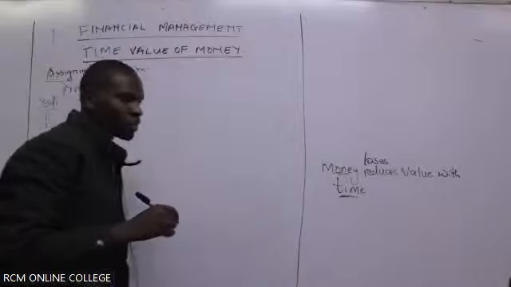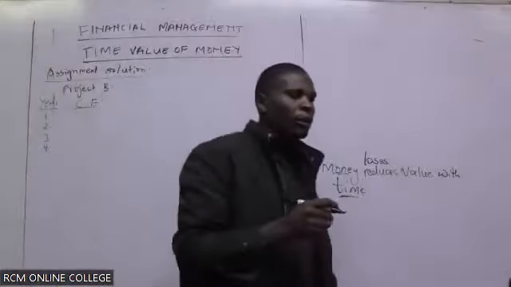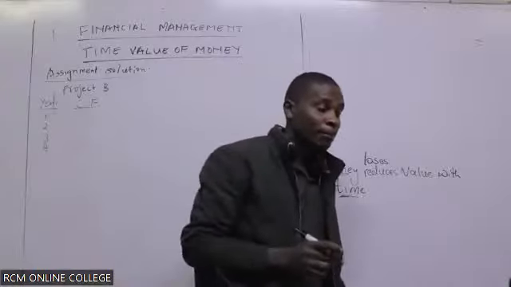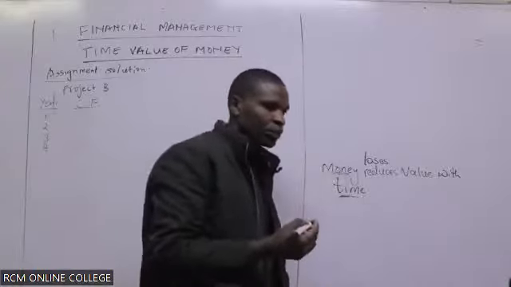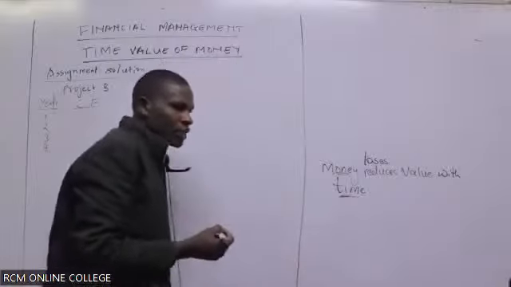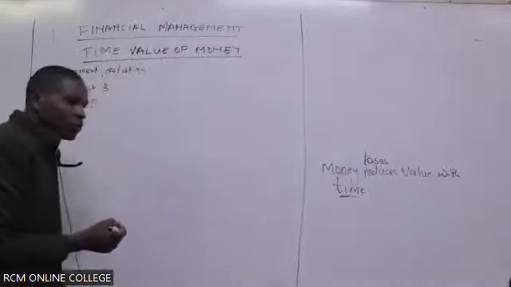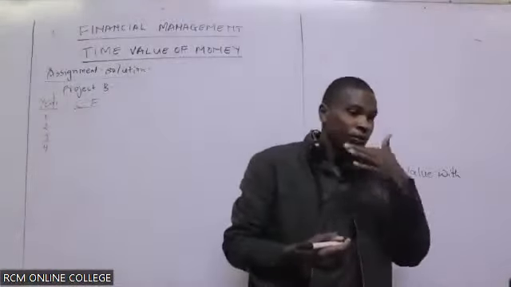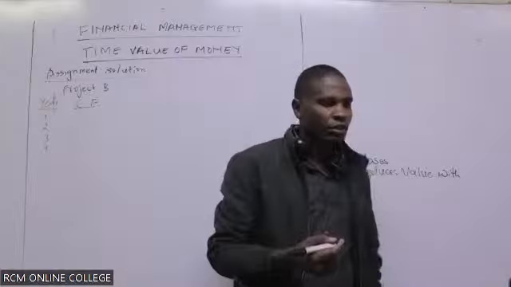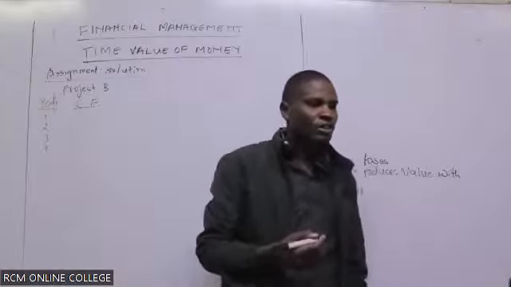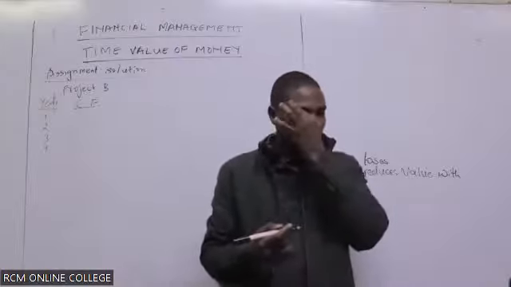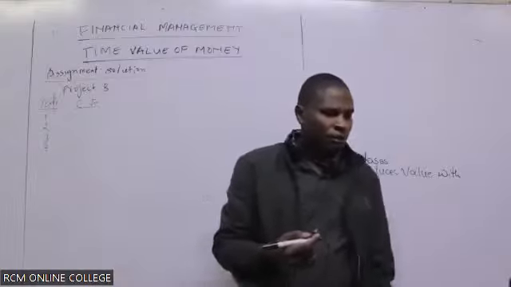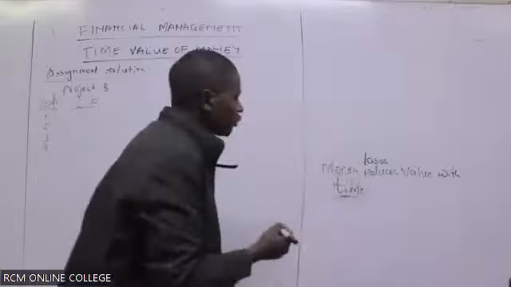Somebody tell me, what was the year one cash flow? Year one cash flow ilikuwa ngapi? I think you wrote this from the assignment that I gave. It's better we start there. 5, 6, 8, and 10. Thank you.